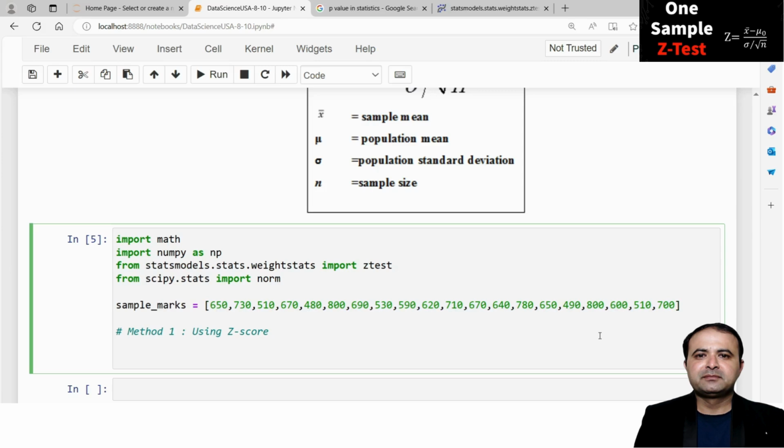You are importing the math module, importing NumPy as np, then importing statsmodels, and the Z-test. Norm is basically from the scipy stats package, used to take random values. So now I want to choose some random values.